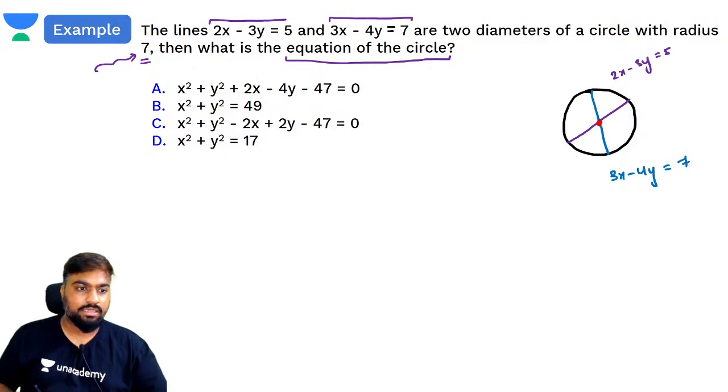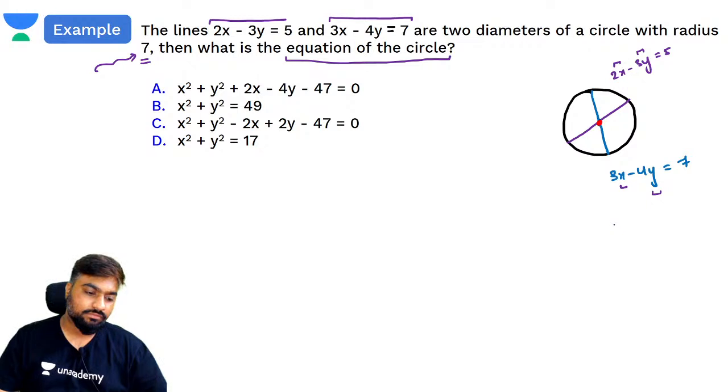So what's the scene here, guys? Look, if these two lines should coincide, that means at this point the coordinates of x and y will be equal for both these lines. Yes or no?